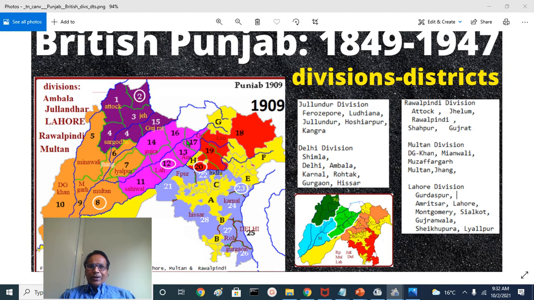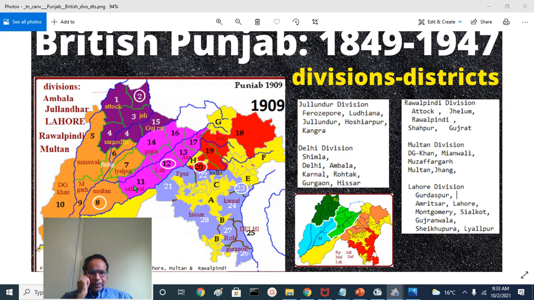So the northern boundary, Gurdaspur district, Amritsar district, Lahore district, and Shahiwal district. Shahiwal district was historically called Montgomery district. It was named after British governor Henry Montgomery, who succeeded Lawrence. I think Lawrence was governor in 1857 when the rebellion broke out.